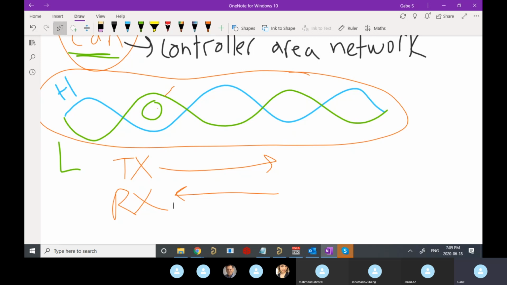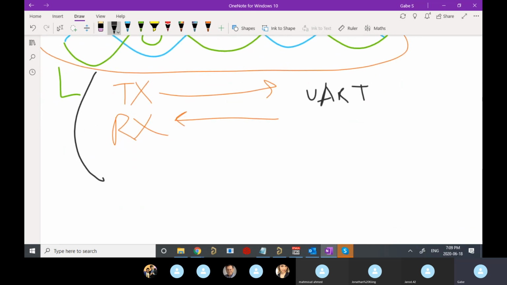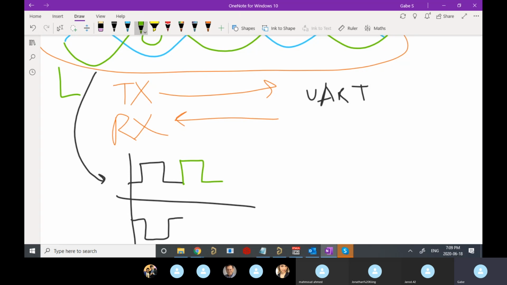So these are 2 separate lines in UART. In CAN, they're related to each other very much so. The way a differential pair works is that when one line is high, the other line is low, right? So they're exact opposites. Some people even call them CAN positive and CAN negative. So they are exactly opposite to each other.